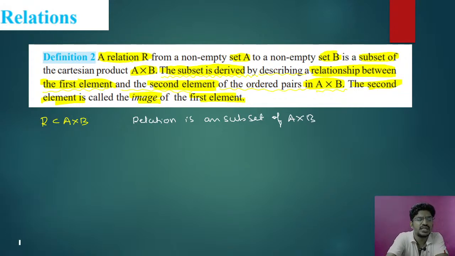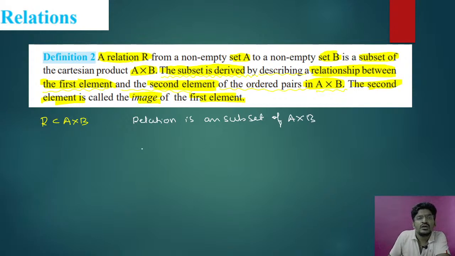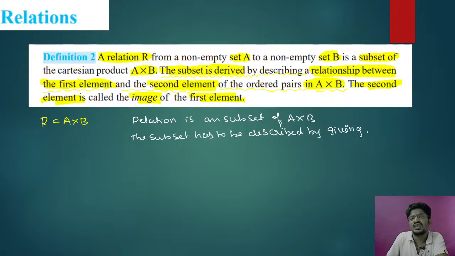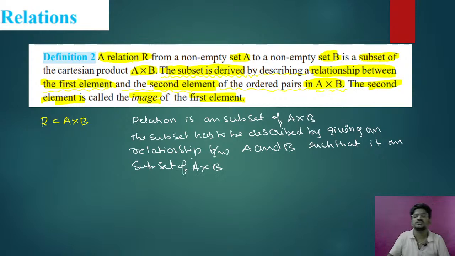So now here you have to understand some very important points. The first one is R is a subset of A cross B, and the second one is, see here, the subset has to be derived or described by giving a relationship between the sets A and B, such that it is a subset of A cross B. Okay, so this is also a very important statement.